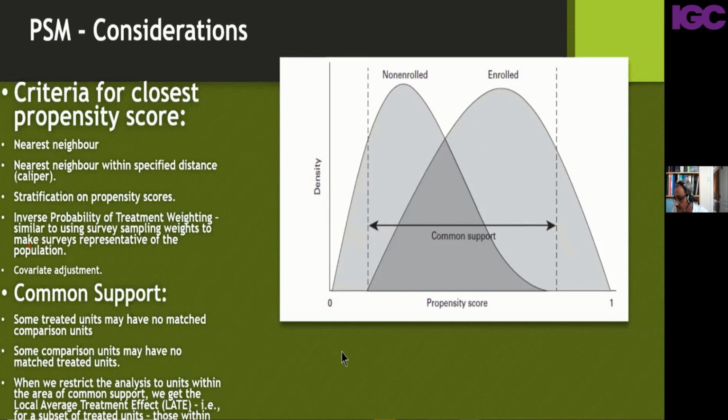And when we do this, what we should note is that the treatment effect that we get by taking the difference between the treatment units and matched units and taking the average of all those is again the local average treatment effect. So it gives you the average treatment effect again for a subset of units. That is, these are all only valid for those units which fall within this area of common support.